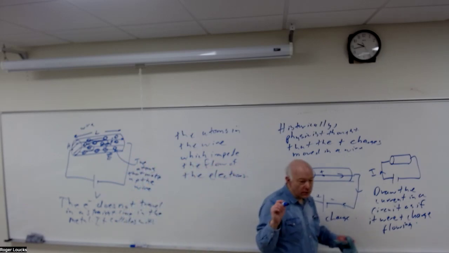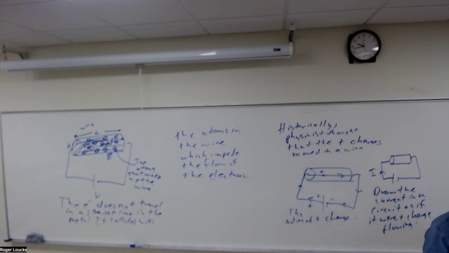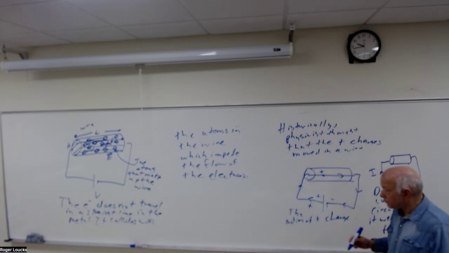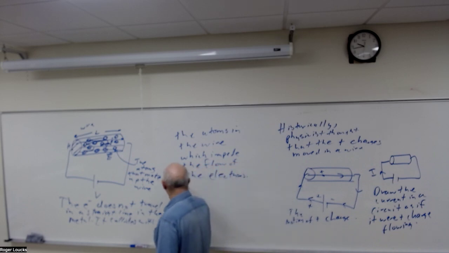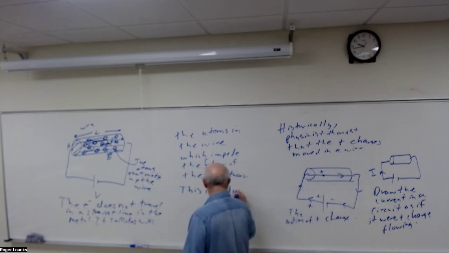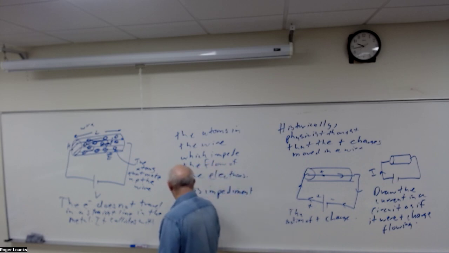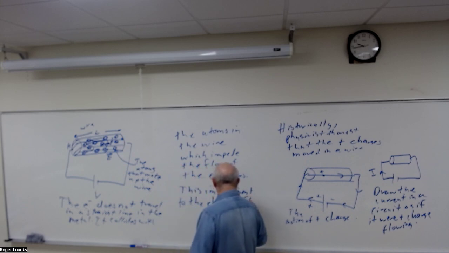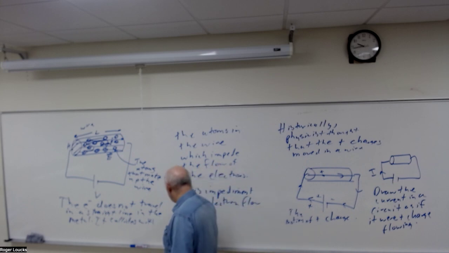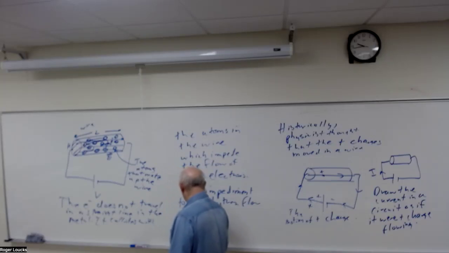Okay, we're going to call this impediment to the flow. We're going to call this the resistance in the wire. It's impediment. The electron flow. All resistance.